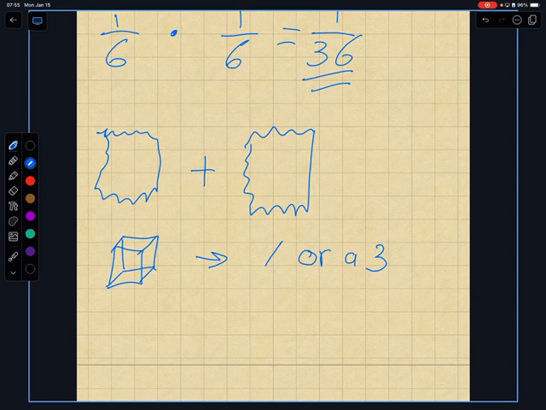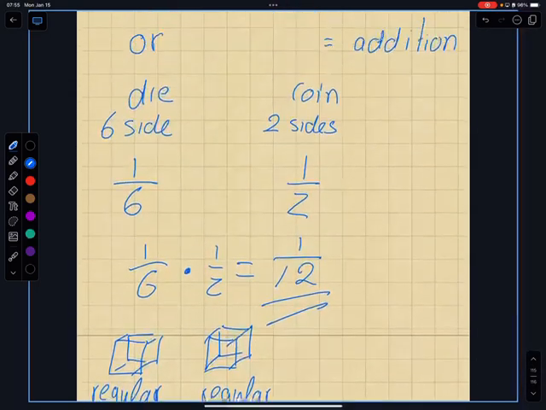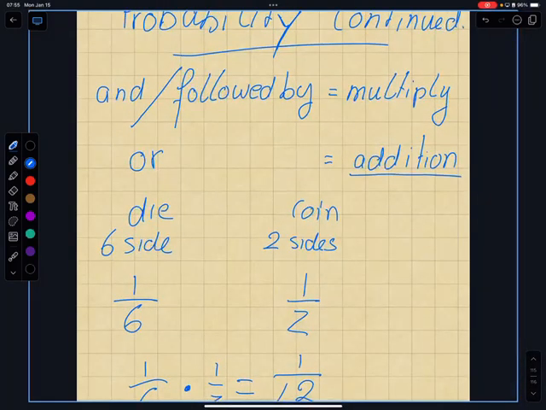And then we always use Laplace. What is the probability of getting a 1? That's 1 over 6. I said or, so that means I need to use addition.